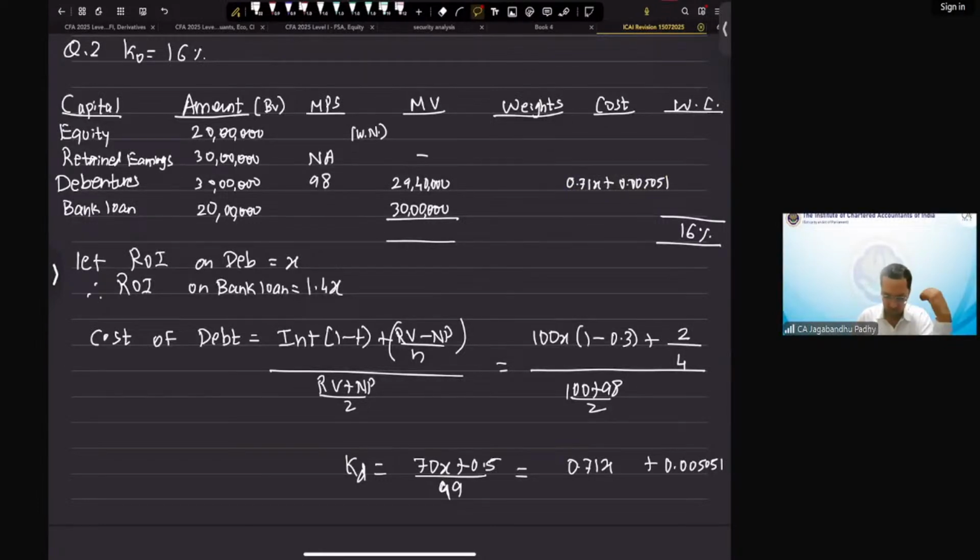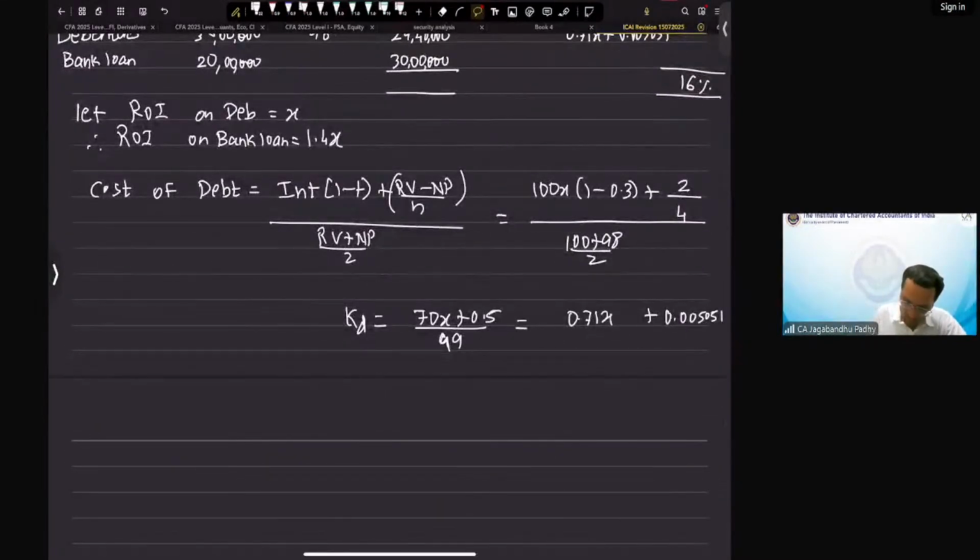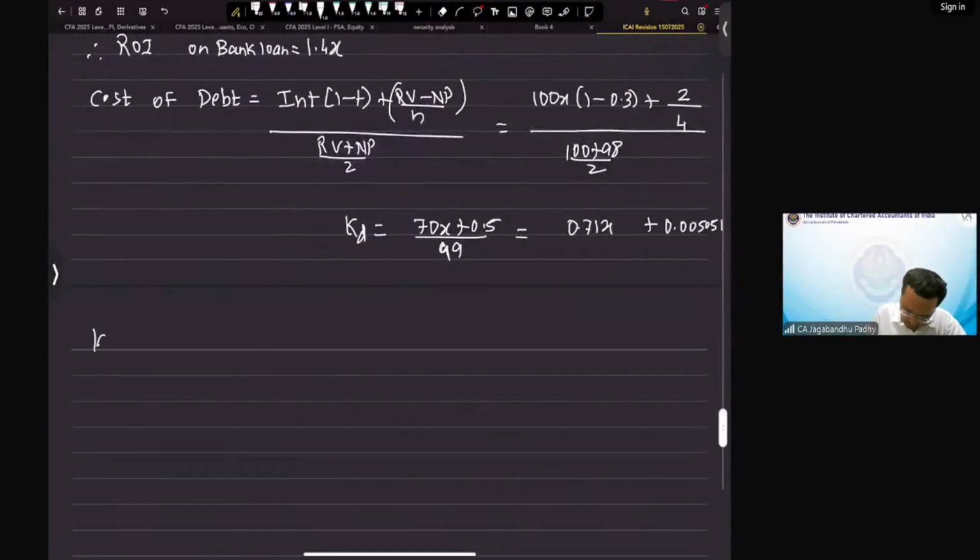Bank loan is going to have a cost of, since it is 1.4x, cost of debt of bank loan, how 100x, because 100 is the face value, right? So therefore we take that as 100x.